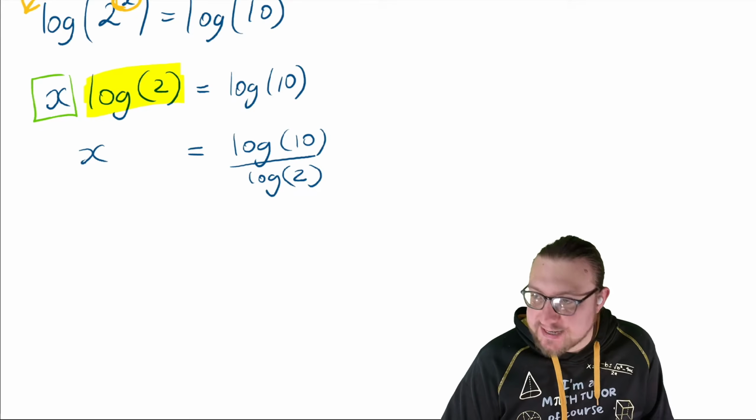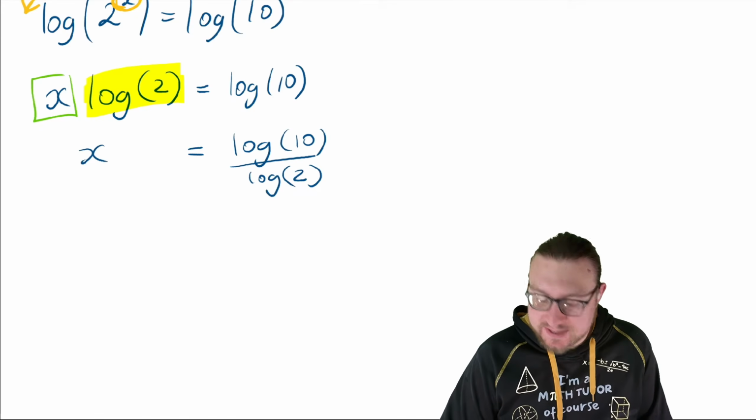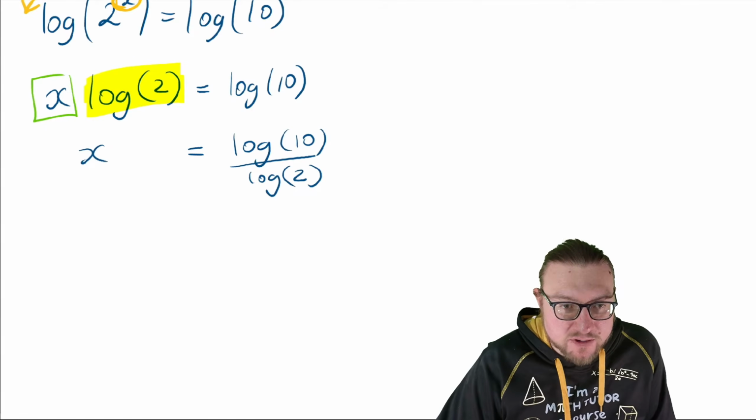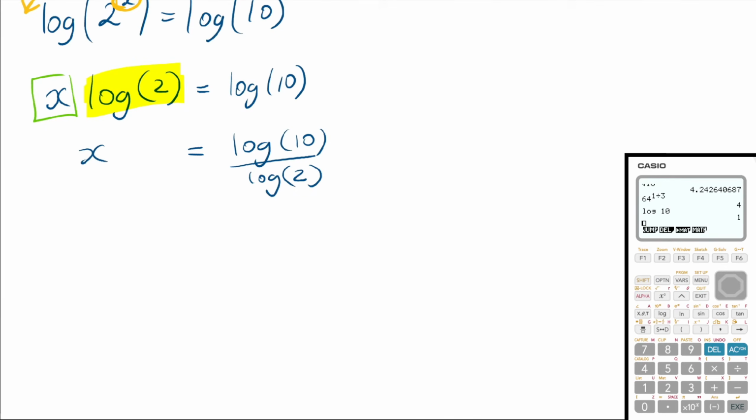And because they're the same base, we can just put this in the calculator just like that and ignore that we could simplify one of them. So let's have a look over here. We're just going to put in a fraction. And at the top, we're going to do log 10. And in the denominator, we're going to have log 2.